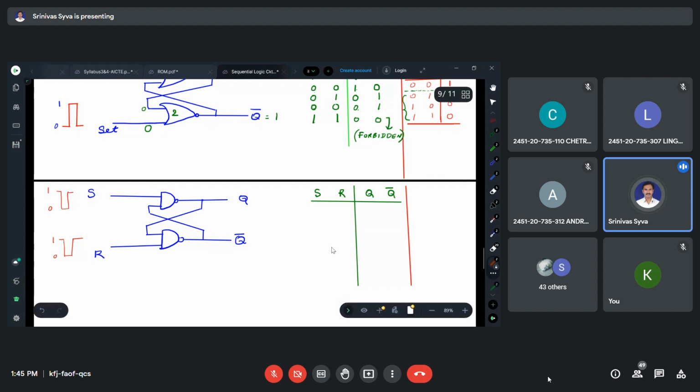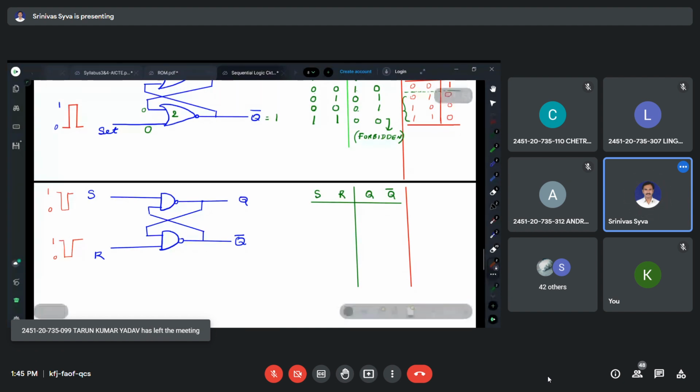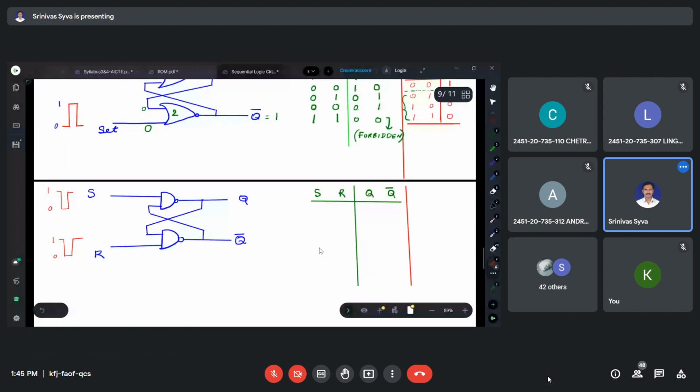I want to conduct at 6:30 or 7 p.m. Tomorrow also I will conduct, day after tomorrow also. And madam also wants to take a class for you. So just for a small 5 minutes, please bear with me.